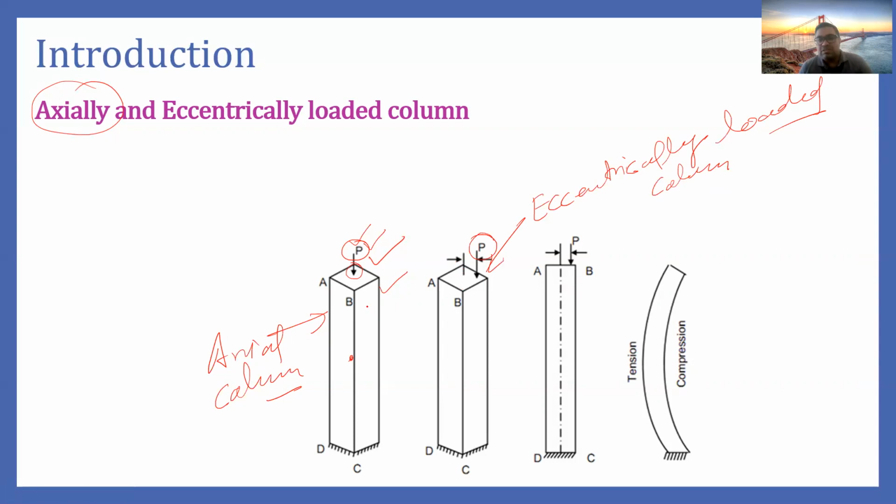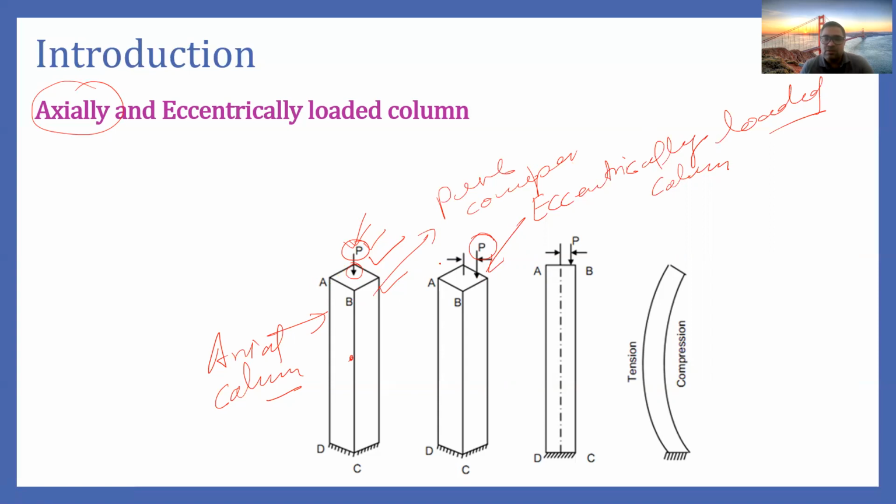Now what is the difference between them? Well, when the load passes through the centroidal axis, then the whole column will be under pure compression, or we can say that compressive force will be in dominance in this case.